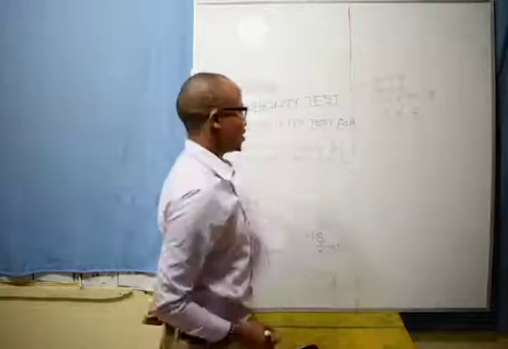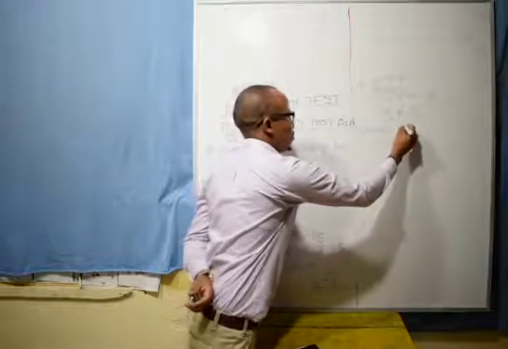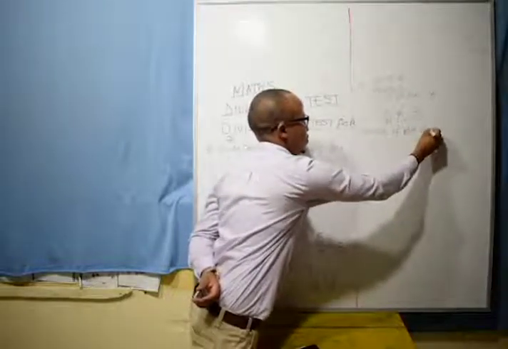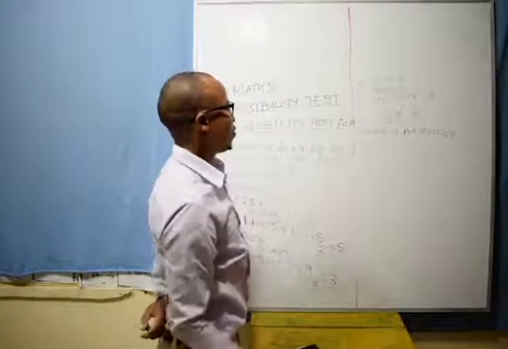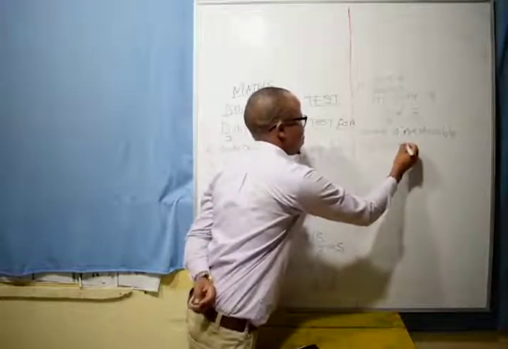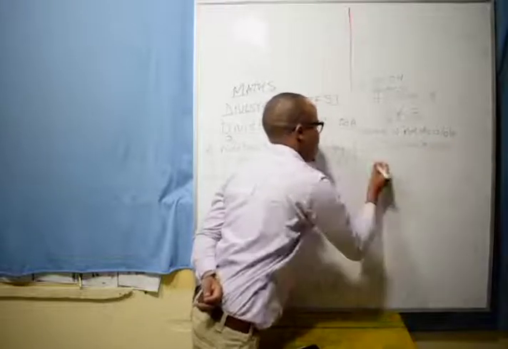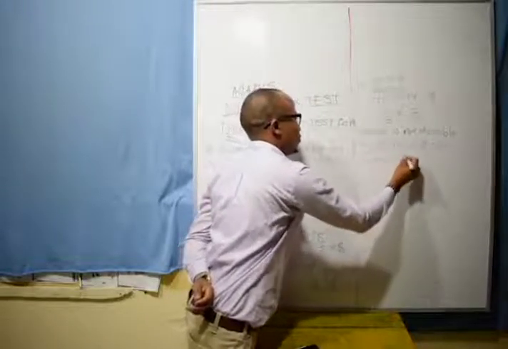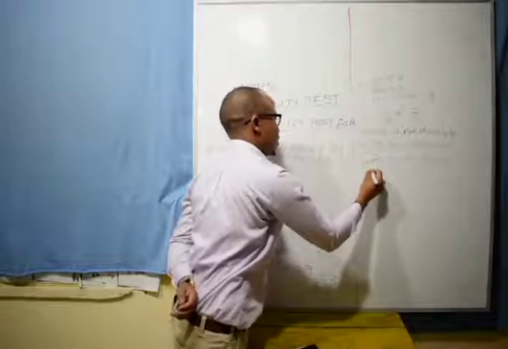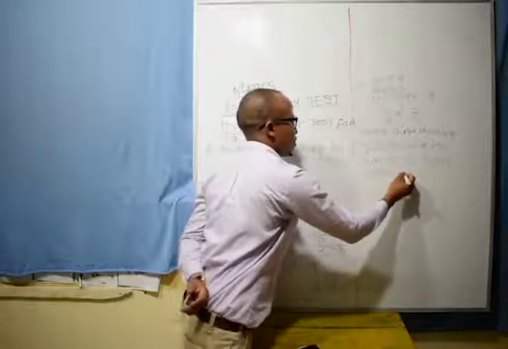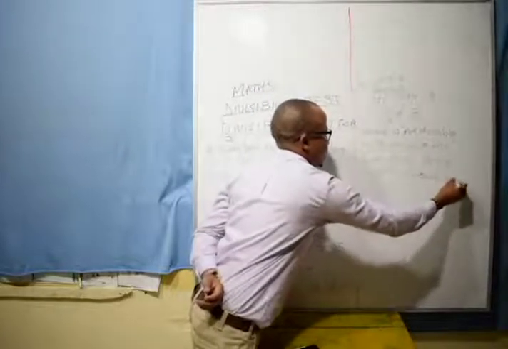So you write a statement and you say: 4,004 is not divisible by 3 because the sum of its digits is not divisible by 3.